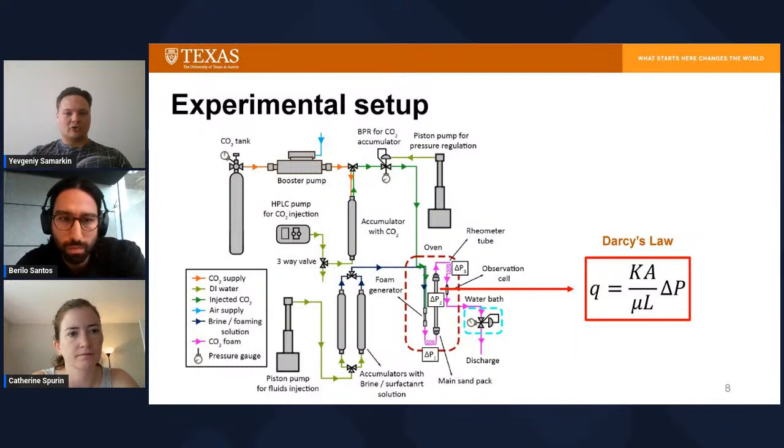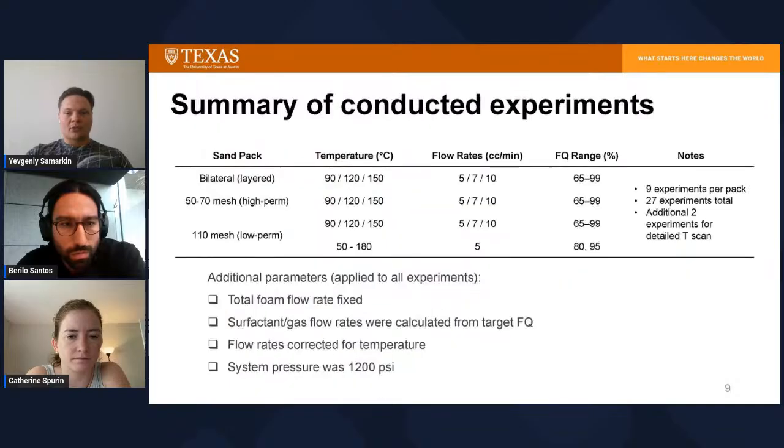The reason I was doing that is to ensure that from experiment to experiment, I generate the consistent foam, and then all the changes to the foam that can happen inside the actual sandbag where I take all these measurements. So in my experiments, I was measuring the differential pressure, and then I knew my flow rate, permeability, and dimensions of the sandbag, so I could just back calculate for the viscosity and assess the rheology of the foam.